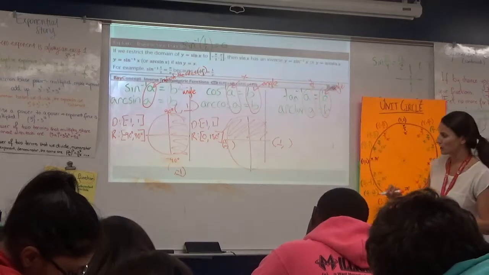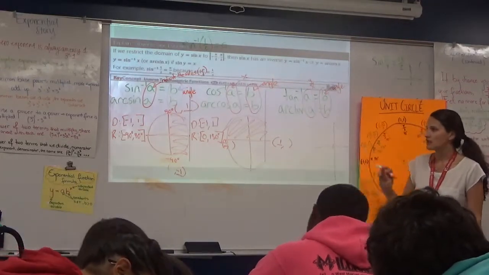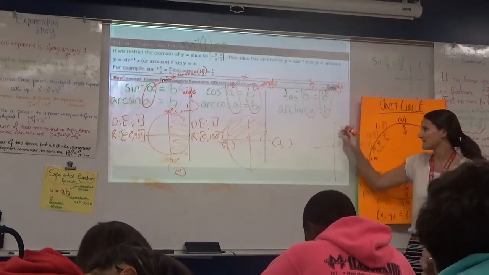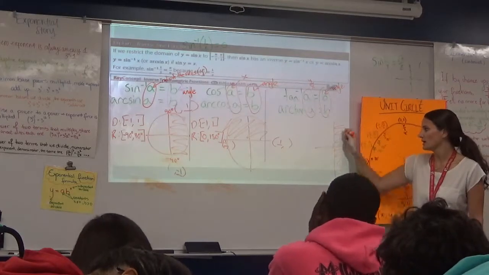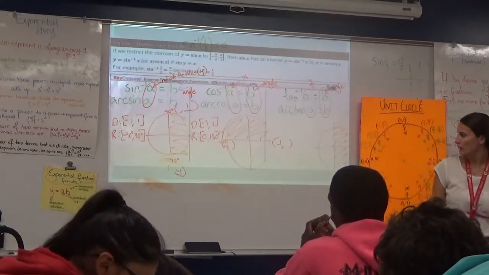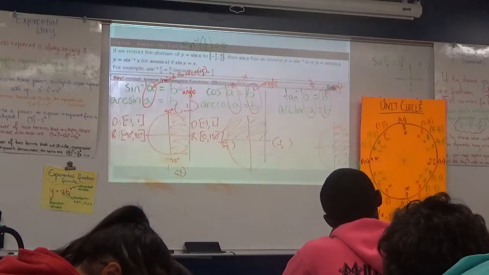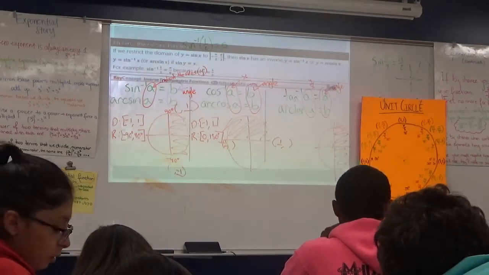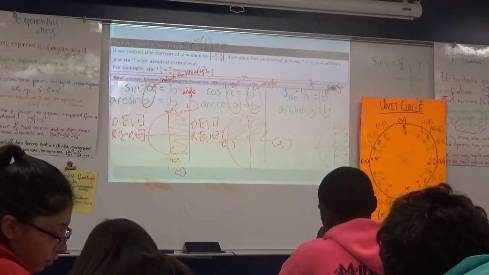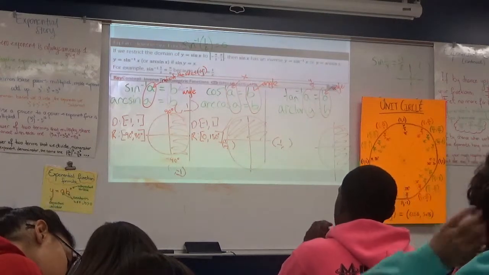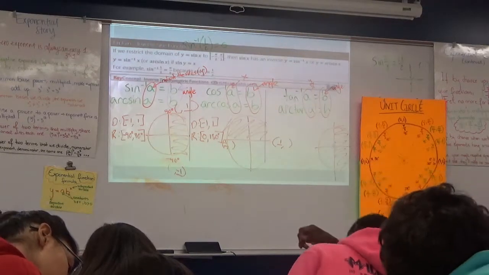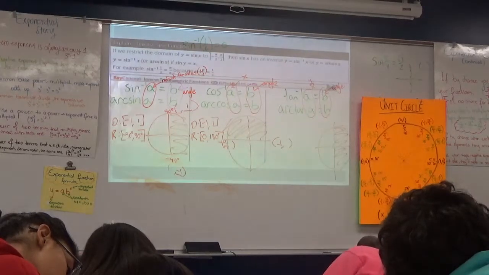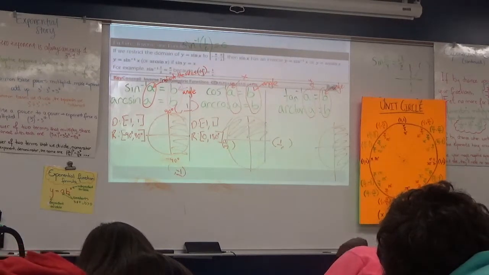Looking at your circle, tangent is going to be the same as sine. It's going to be over here. So the only one you really need to remember is cosine. All of them are going to be in quadrant 1 and 4, except for cosine, which is in 1 and 2. So the only one you need to remember that's weird is cosine.